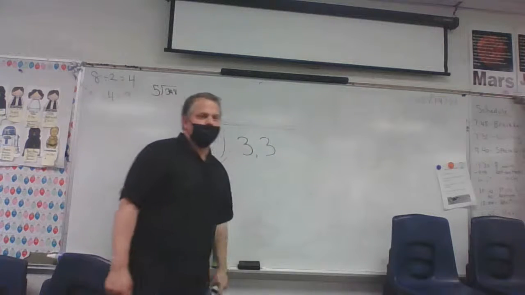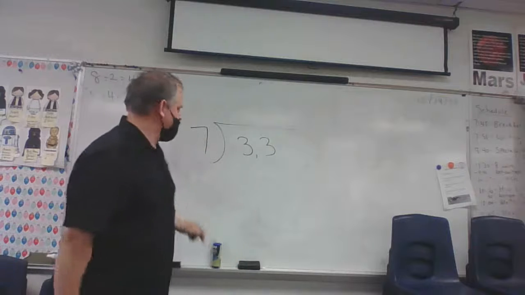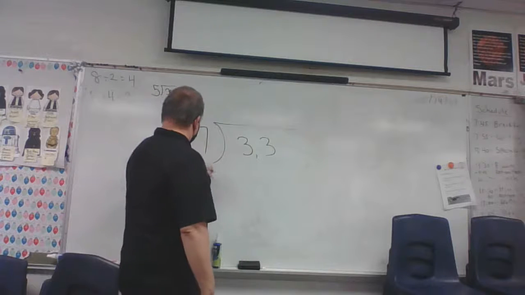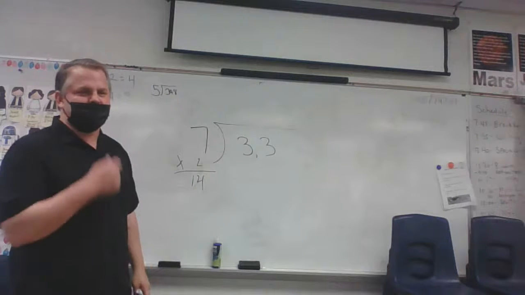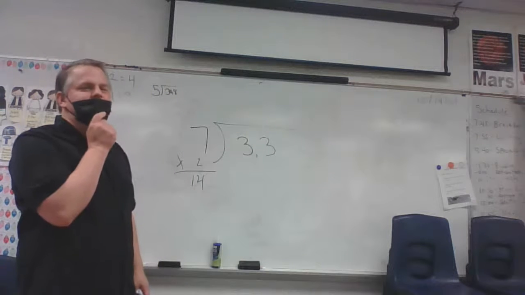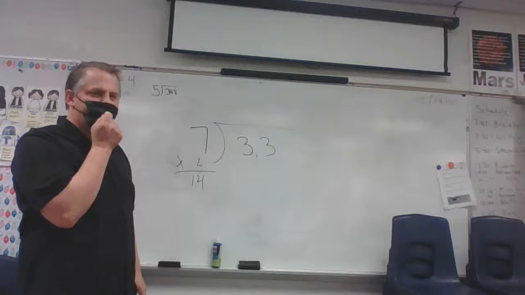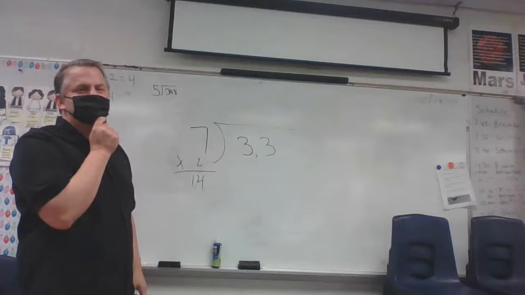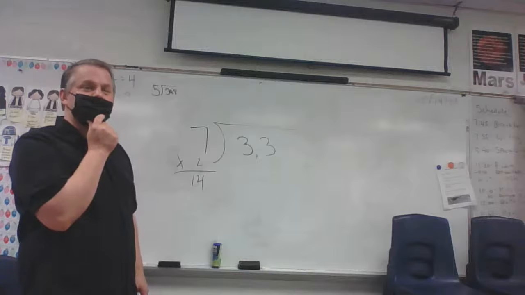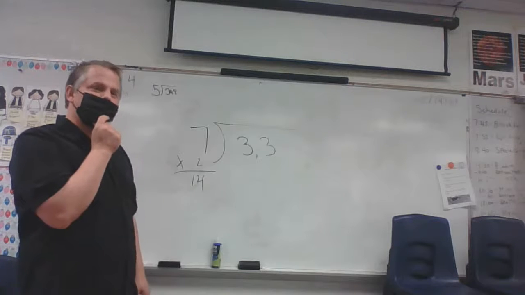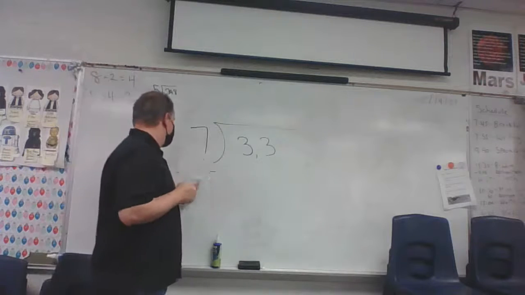7 into 33. Let's see. Let's say 7 times 2. Oh, that's only 14. I bet I can get to a number that's closer. What can I multiply it by? How about 7 times 4? No, not 7 times 4. 7 times what?